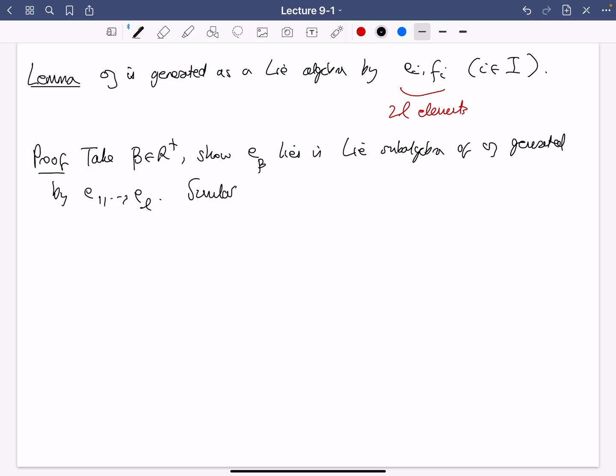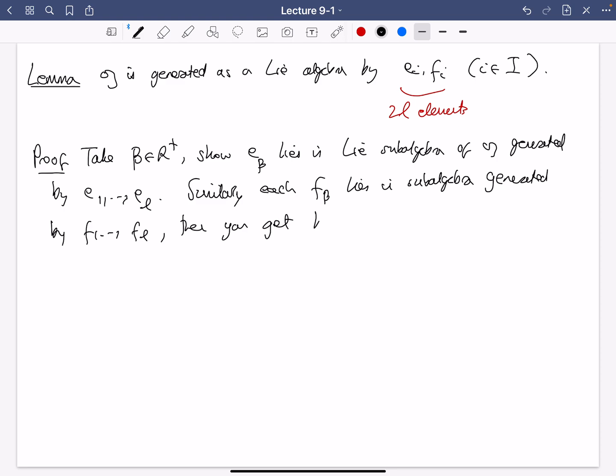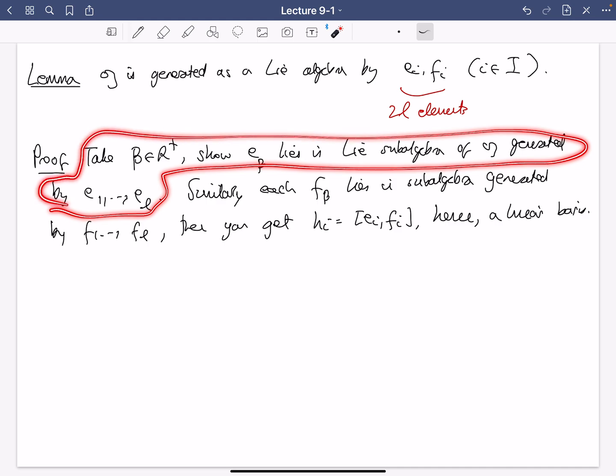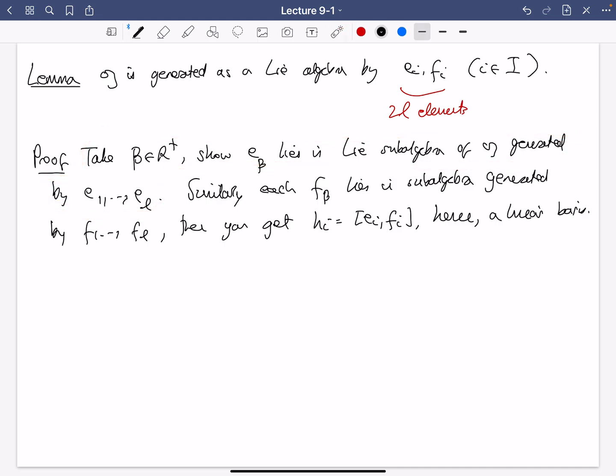Similarly, each F beta lies in the subalgebra generated by F1 through FL, and then taking commutators. The commutator of EI with FI gives you HI. Hence you have a basis. Okay, so it's just enough to prove this first statement that I made to establish that in fact the simple E alphas and F alphas generate.